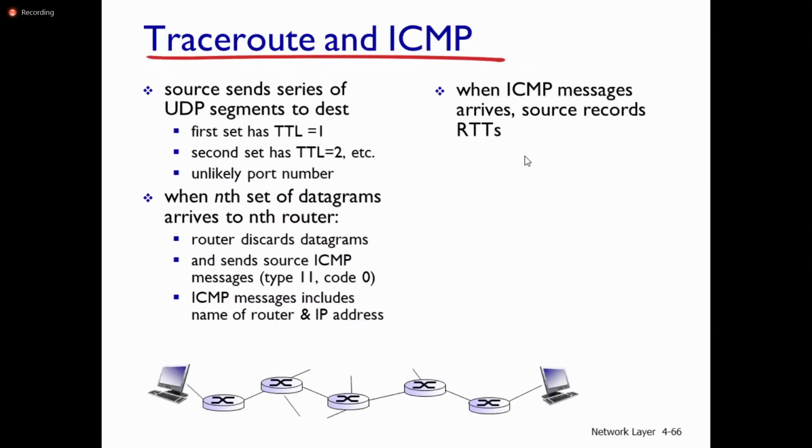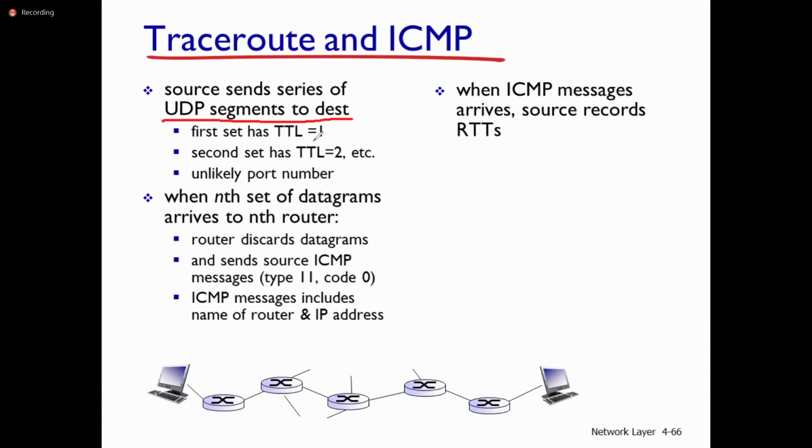Traceroute and ICMP. Here the source sends a series of UDP segments to the destination. UDP segments are used because it is connectionless.